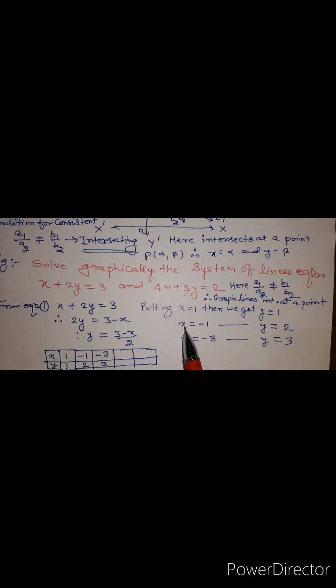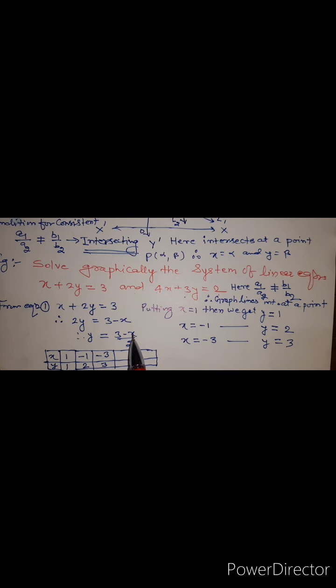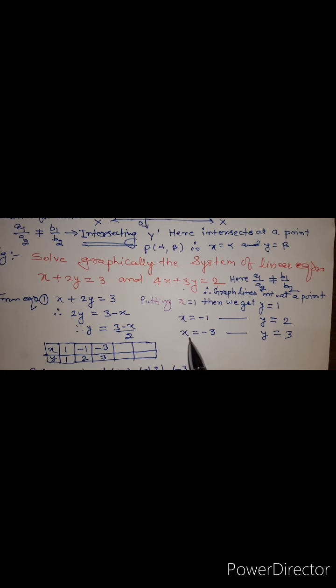When x is equal to -1, minus into minus plus 3 plus 1 will be 4, 4 by 2 equal to 2. So result of y will be 2. Again I have taken here x equal to -3. Now put here -3, then it will be minus minus plus 3 plus 3 equal to 6. 6 by 2 equal to 3.